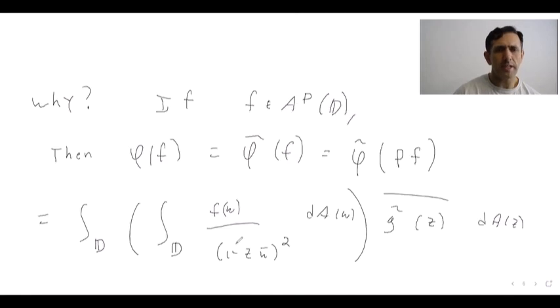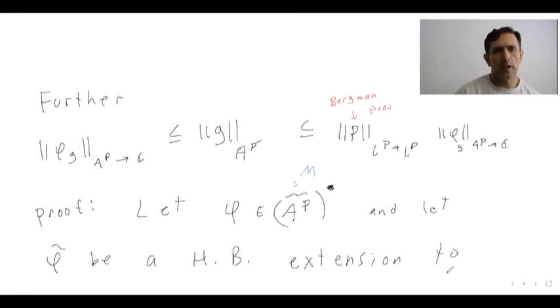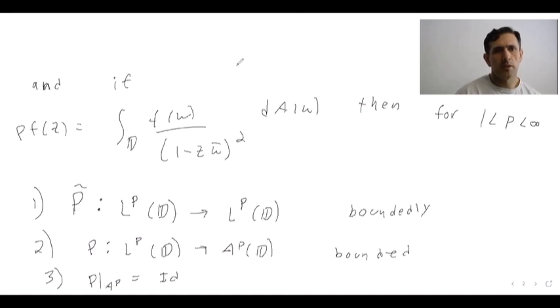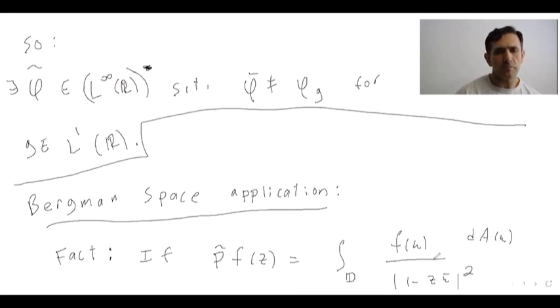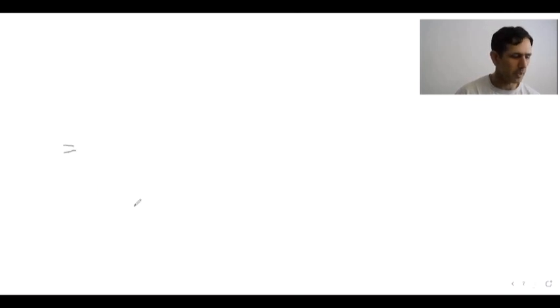Now I just use Fubini's theorem, and I'm justified in using it by putting in absolute values and using Holder's inequality in conjunction with the fact that this operator is bounded on LP. So there are no issues about justifying Fubini's theorem whatsoever.